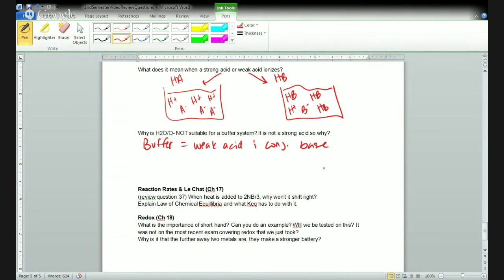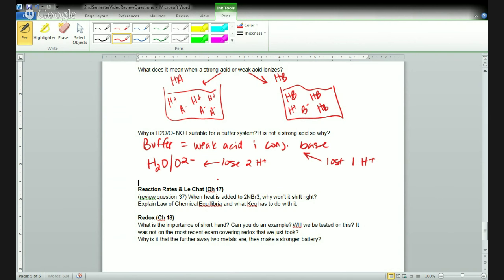So remember, when we think about conjugate bases, you can only take one H off at a time. So if I think about H2O and O2 minus, for me to go from H2O to O2 minus, I would have to lose two H's, which is too many because the conjugate base can only have lost one H.